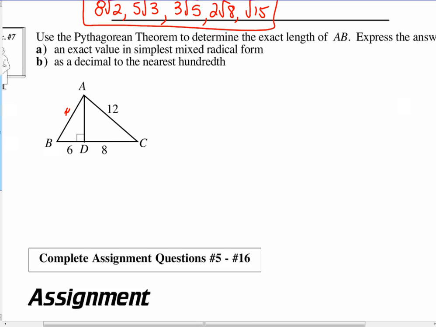So first, in order to find AB, what side do we have to find first? AD. Yeah, this side. It doesn't matter what we call it. I'm going to call it Y, but we can also just call it AD.